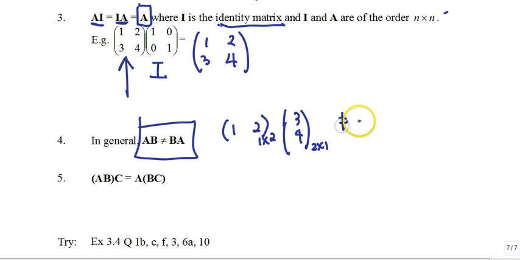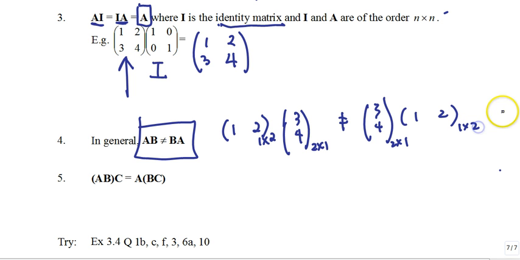This is not equal to 3, 4 times 1, 2. Why? Because if you look at the right hand side, this is a 2 by 1 matrix, and this is a 1 by 2.